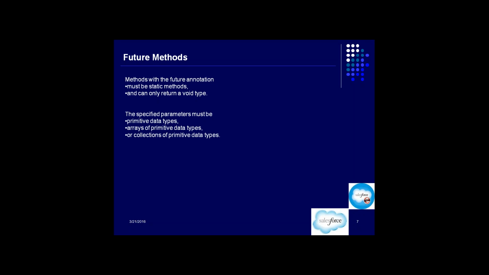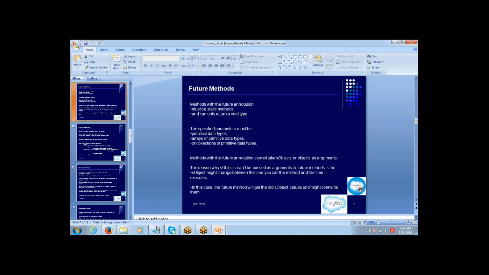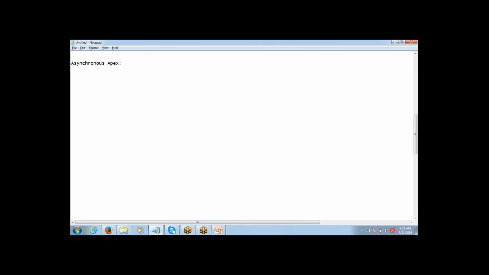Why can we not define parameters as objects? What is the problem? If you are passing a parameter in a future method, for example, if I say @future, and define a method public static void with a list of account, you cannot pass an sObject as a parameter for future methods.